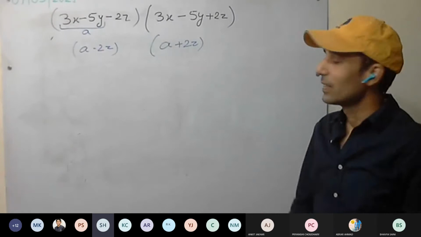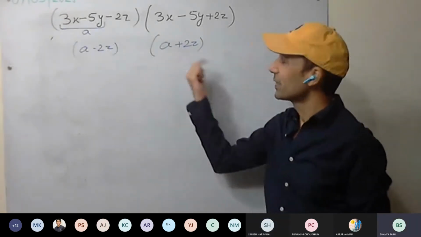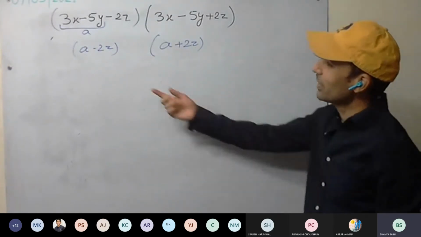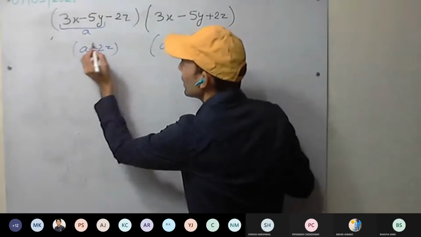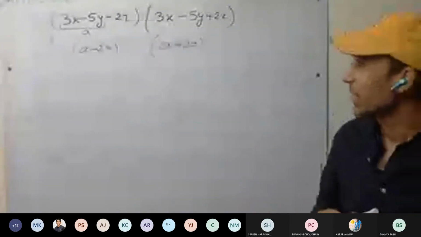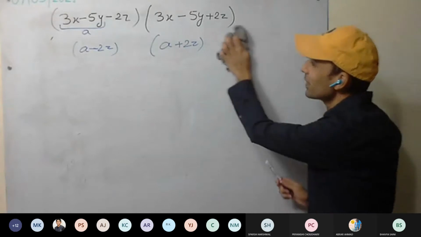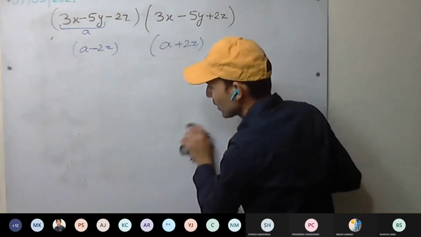Sir, third identity. A minus B and A plus B. You can see it is here. A minus 2z, here it is A plus 2z. It is the third identity. Only three identities we have discussed.